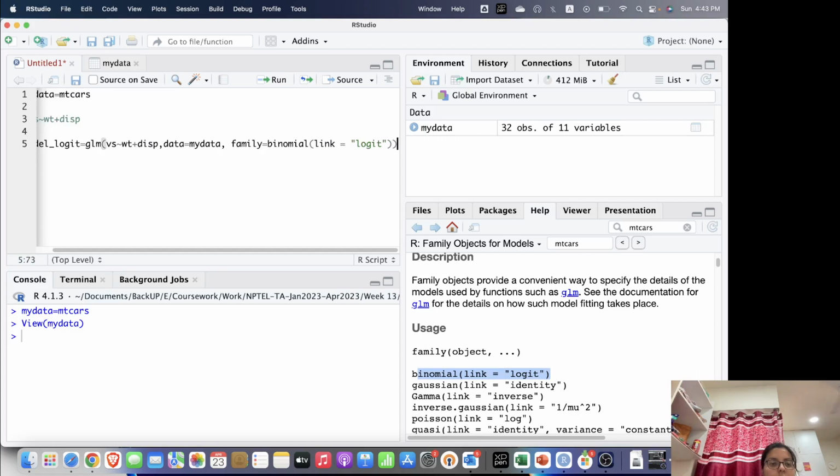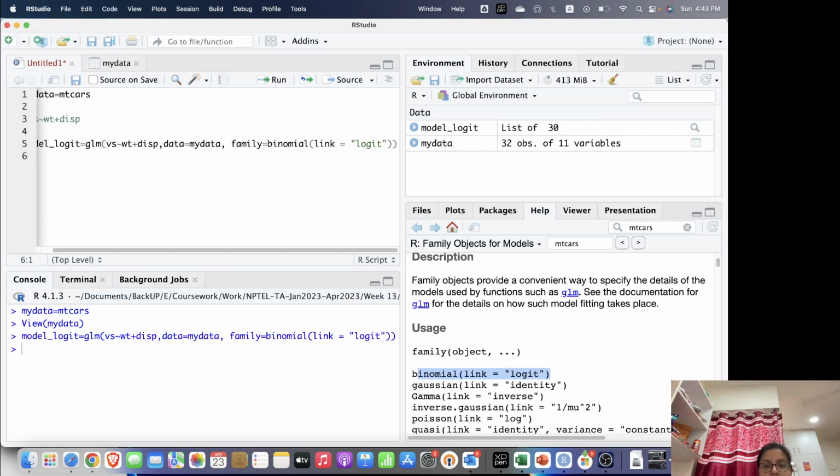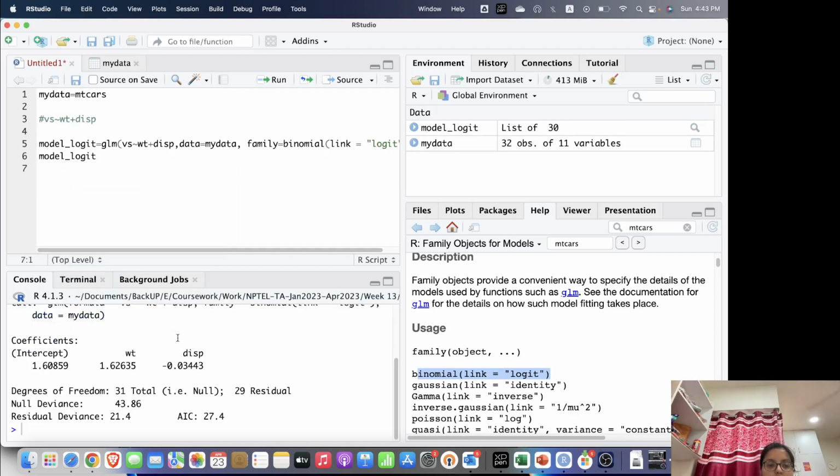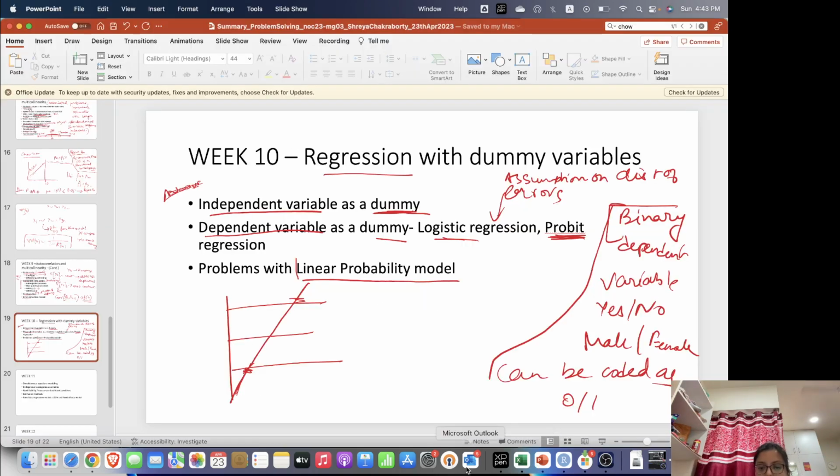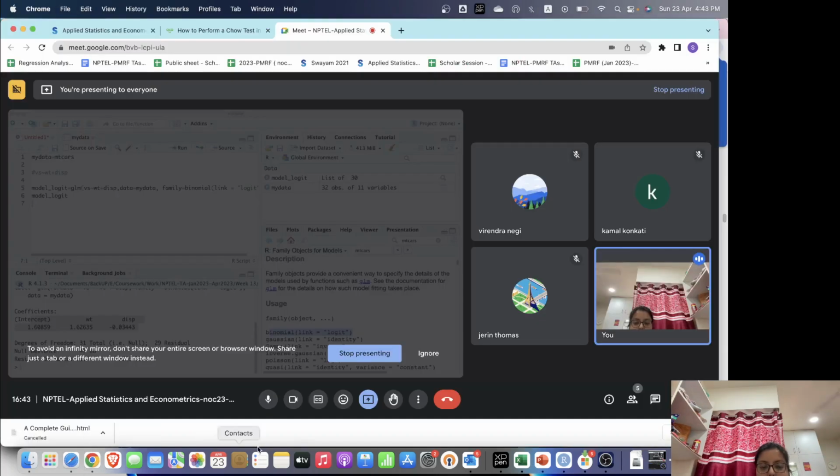Okay, so now if I look at this, this is my logistic regression that I have here. In order to interpret it, how will I write it? So one second.